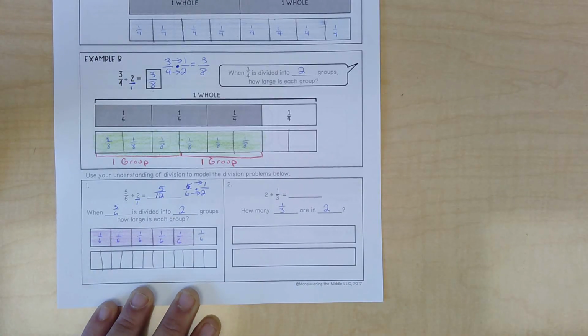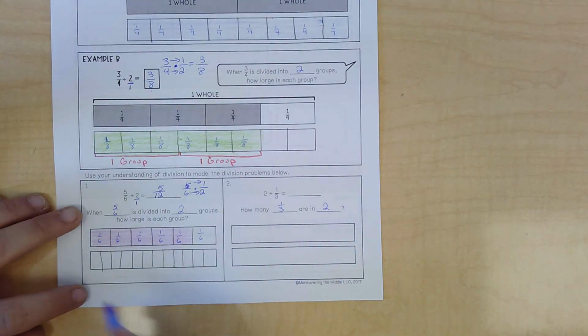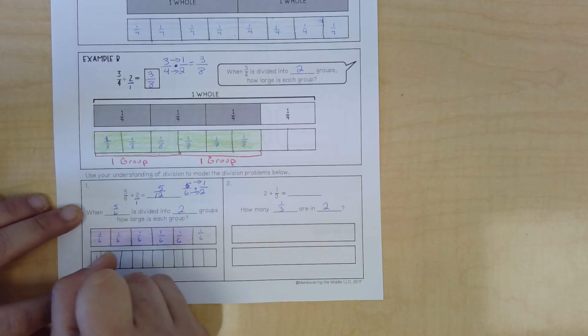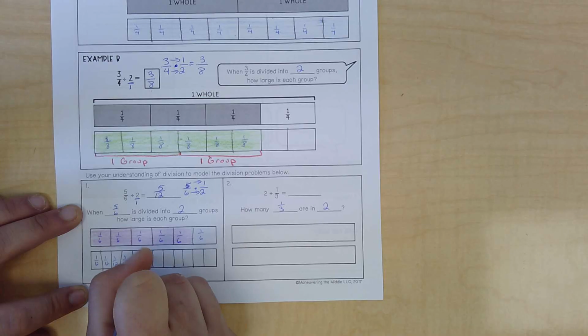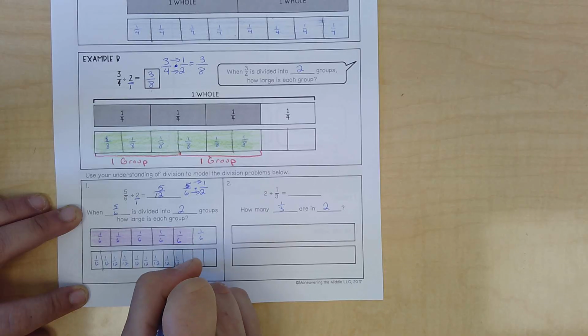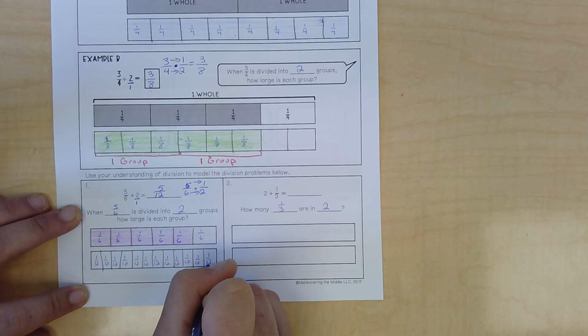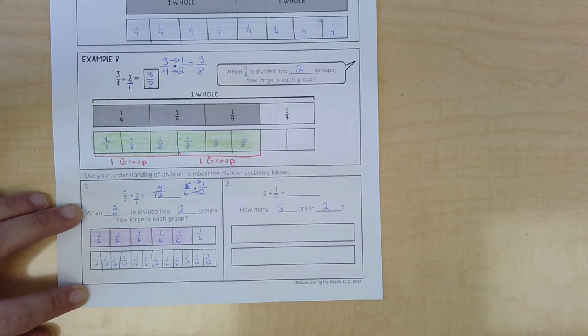So now I have 12 boxes. In each one of these 12 boxes, I'm going to write 1/12.